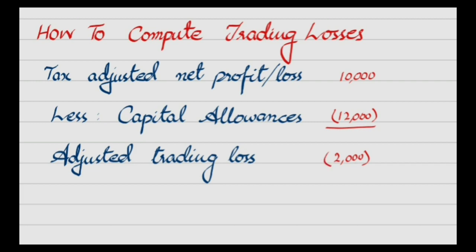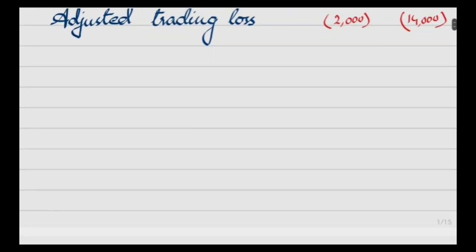Same is the case if a loss situation is already given to you, like 2000 loss. Due to capital allowances, this loss will be increased. So there are two situations: either the profit can be converted into loss or the loss can be increased.